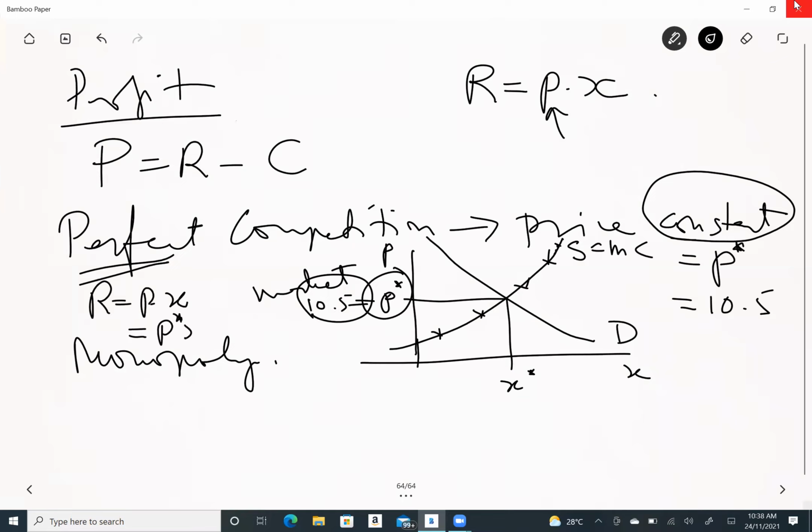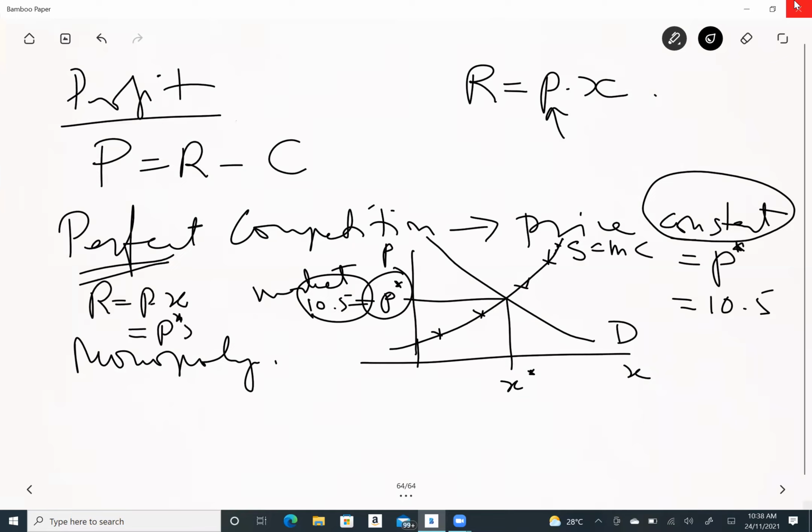The price varies, and the firm can influence the price. That means the price is not a constant, because there is only one firm in the monopoly market, and that firm is big, and they can control the price. Therefore the price is a variable.